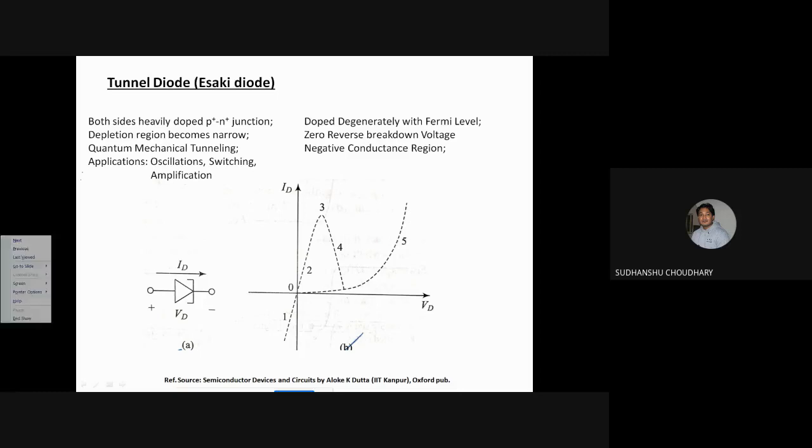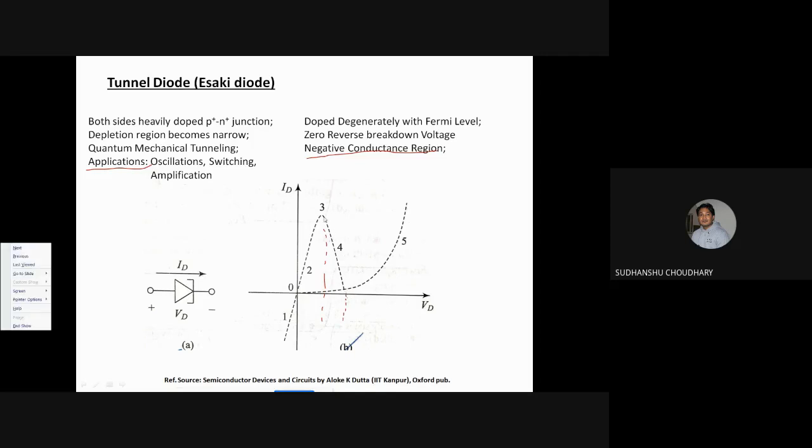Now there are some applications of such diodes, since this diode also has a negative conductance region. That is, when you increase the forward bias, the current increases, and then after some time, when you further increase the forward bias in this range, the current starts falling down.